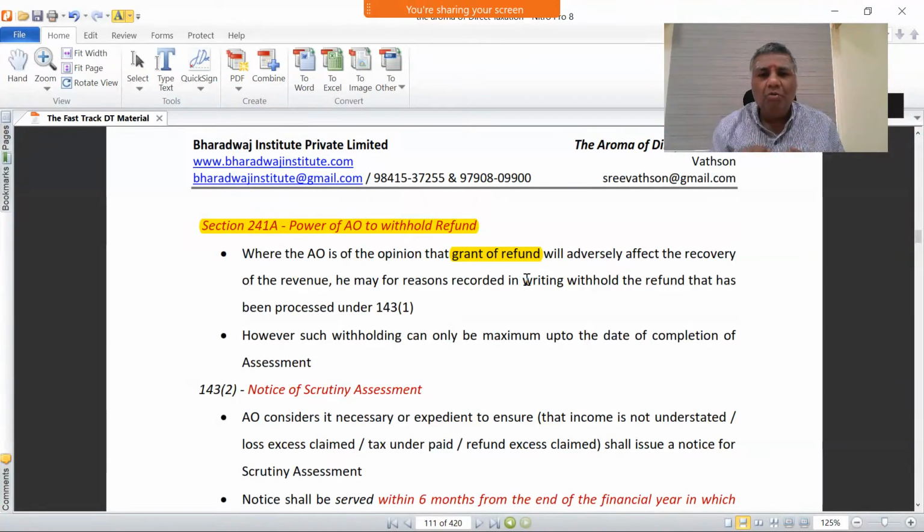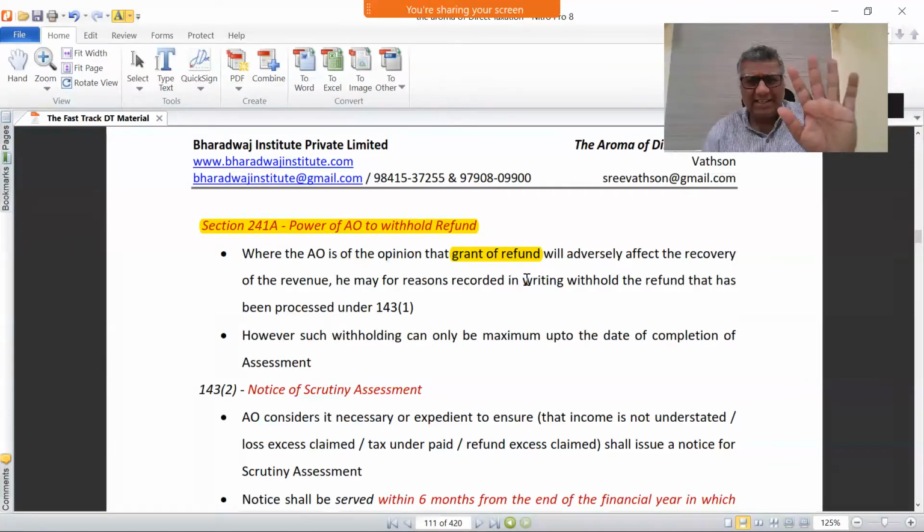However, he can withhold only till completion of assessment, not beyond that. Section 143(1), popularly known as summary assessment, is for mistakes apparent, made only by the CPC, where there is no debate at all.